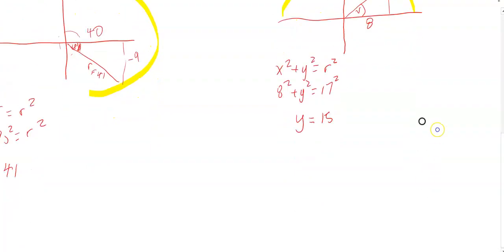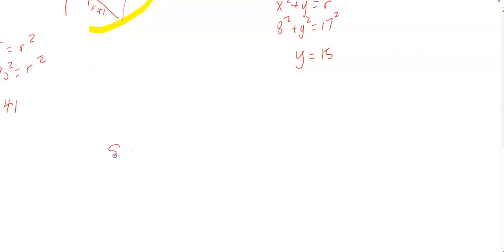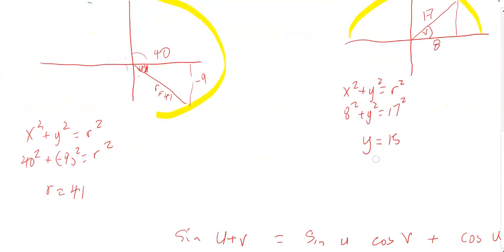We remember that sine of u plus v is equal to sine u cos v plus cos u sine v, right? So sine of u, let's go back up.